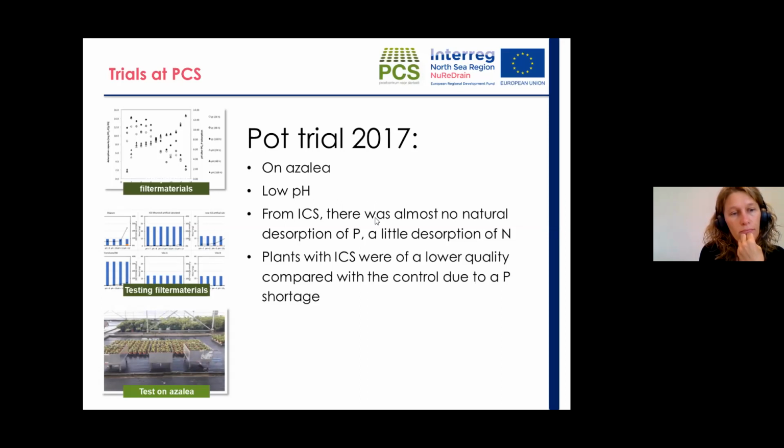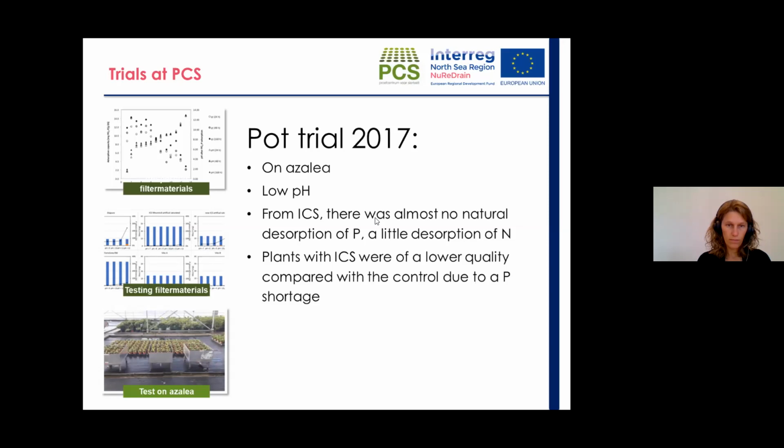We had some treatments. The first treatment was just a normal treatment, normal P, normal N. Then we had a treatment where we gave no P at all externally, just mixed 30% of the ICS into the substrate. So we hoped that the P would come from the ICS grains without any treatment of the ICS.